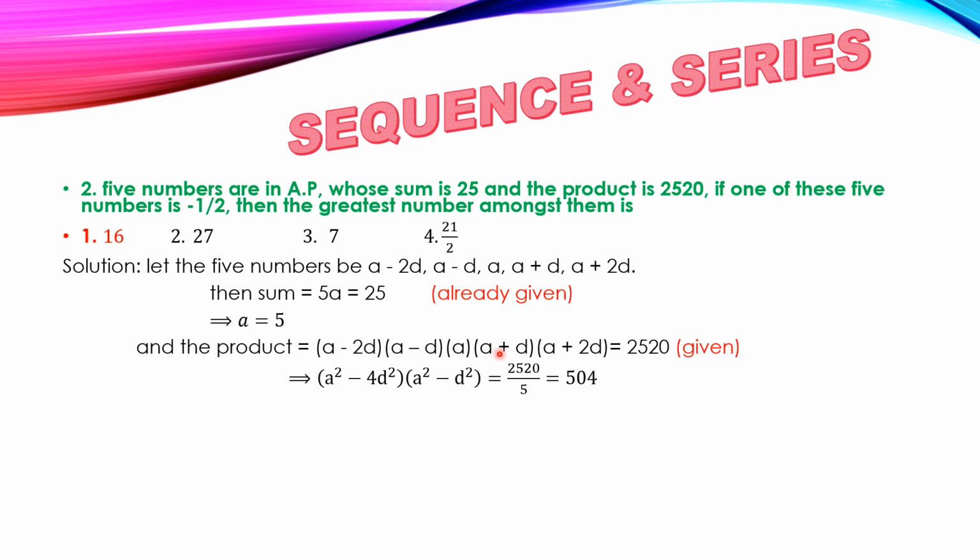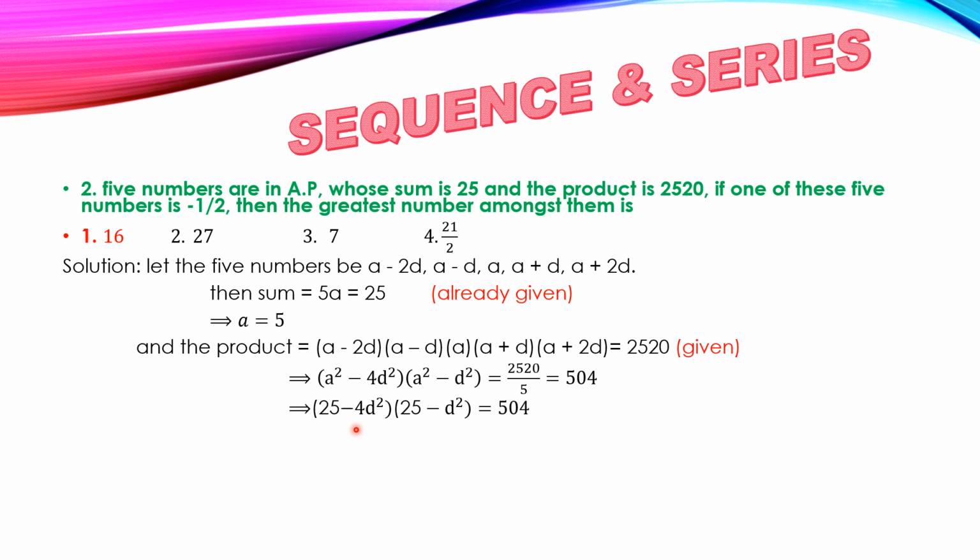So this goes to the RHS, which divided by 2520, that value equals 504. And substitute the value of a in the LHS. a^2 means 25 - 4d^2, and a^2 means 25 - d^2.